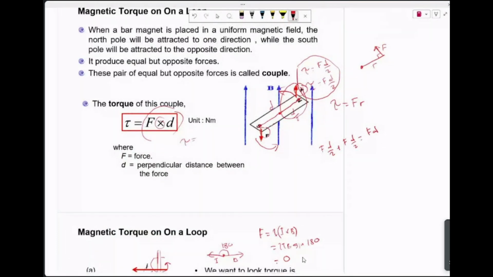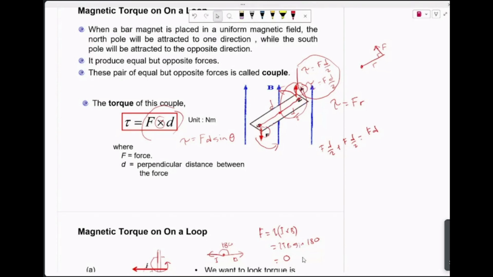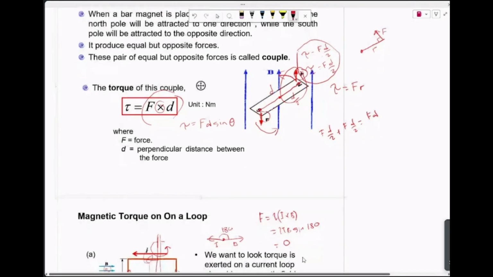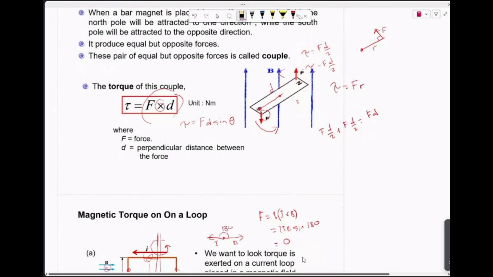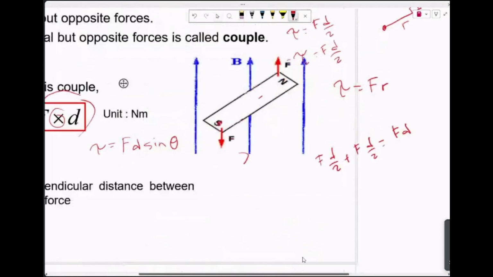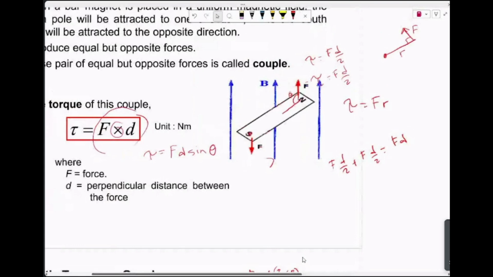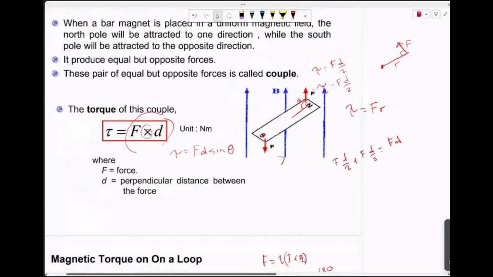So the cross product is F magnitude times D magnitude times sine theta. So this theta is the angle between F and D. So in this case, this is D, this is F. So this is the angle theta. You're going to get the maximum when it is 90 degrees.